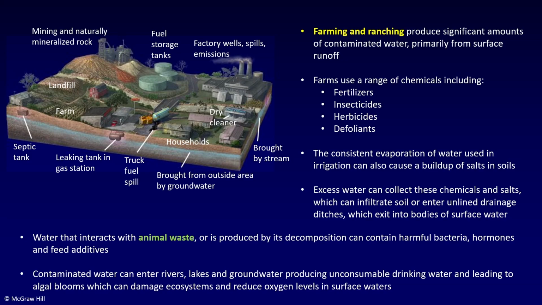Now, this is obviously very, very bad. So, contaminated water can enter rivers, lakes, and some of it will even infiltrate down into the groundwater. And so, in cases where that happens, it can lead to local water, which would be used for consumption, becoming unconsumable. You can't drink it. Another problem that you get, especially with the release of fertilizers into bodies of water, is that it actually encourages algae to grow because the water is now richer in the chemicals that algae, which is a plant, needs to grow.